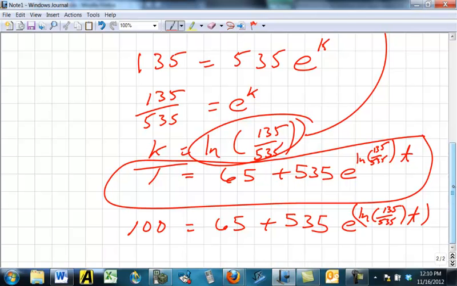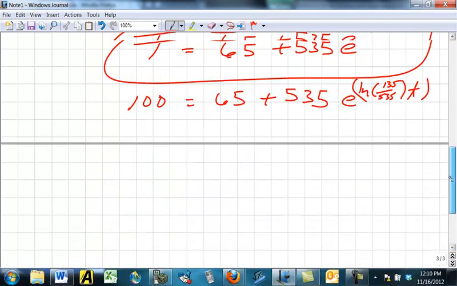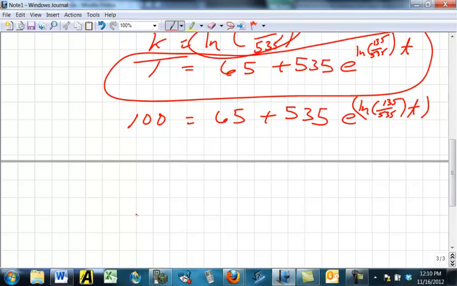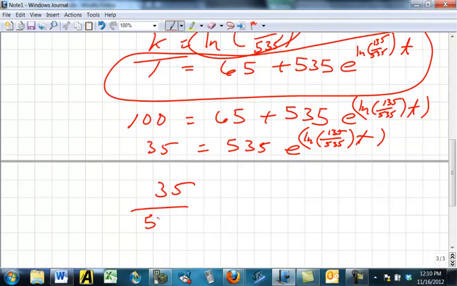That's the power. Okay, 100 minus 65 is 35. Divide by 535. 35 over 535 is e to the power.